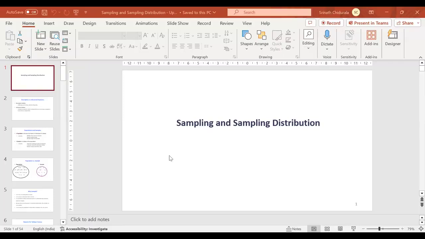We feel that we know this topic, but when it comes to explanation, sometimes we can't frame the sentence properly. We find difficulty in answering that question. So, a simple question: what is the difference between the population and the sample, and why is sampling important?